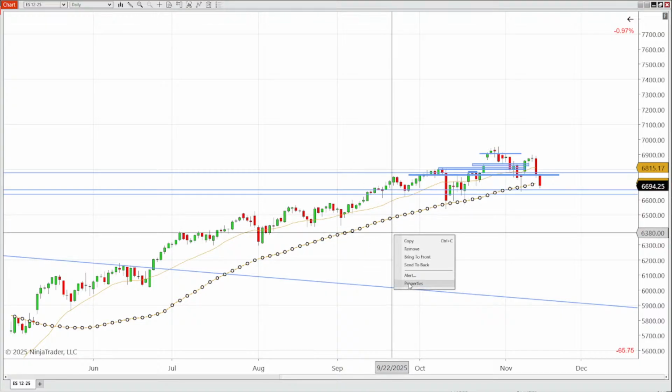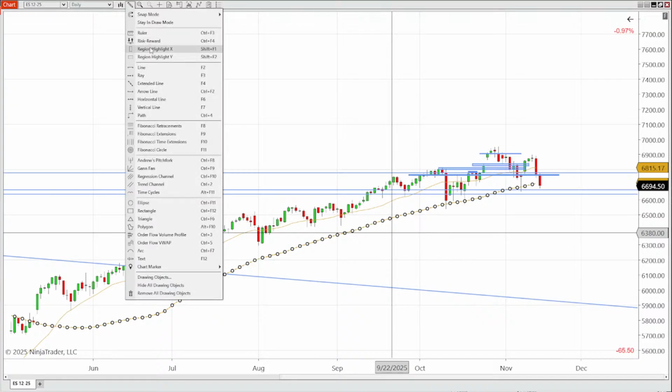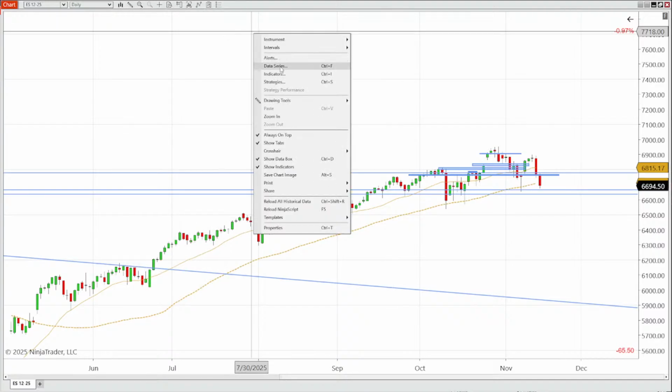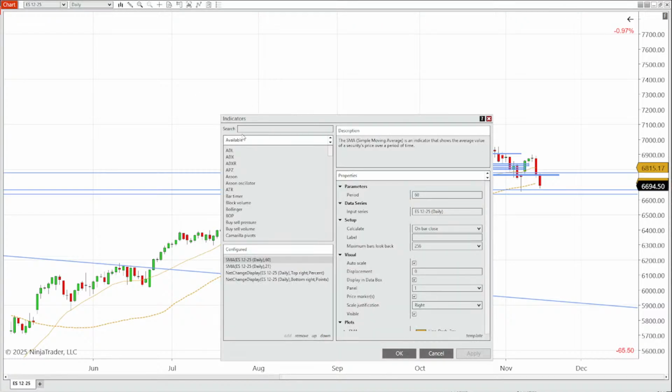Let me see something. Indicators. Hold on. Nah, I'm doing indicators. SMA. To 21, do 200.